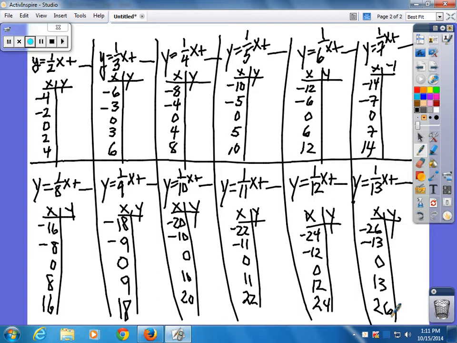Now the reason I did this was that whenever you have a fraction here, you use multiples of the denominator.